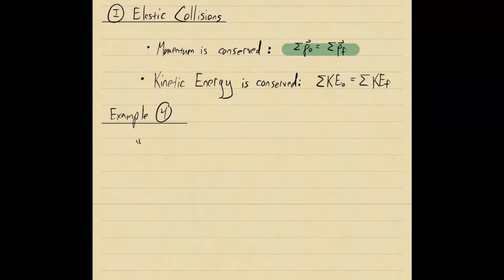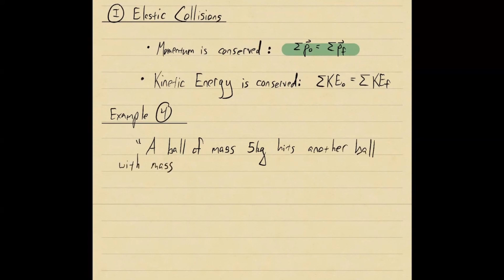So this says that a ball of mass 5 kilograms hits another ball with mass 1 kilogram at rest. So the second ball isn't moving.